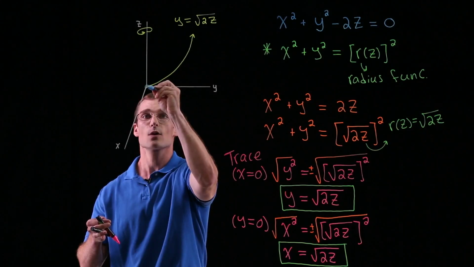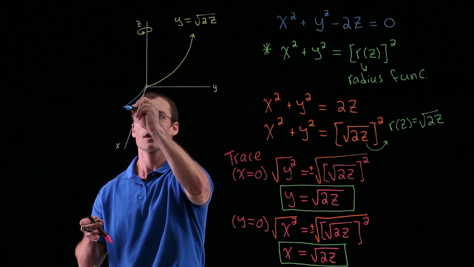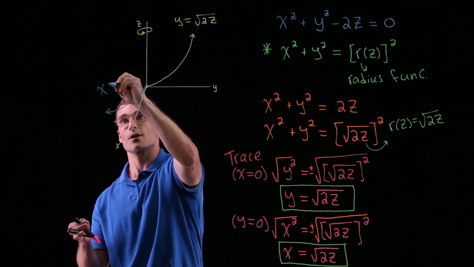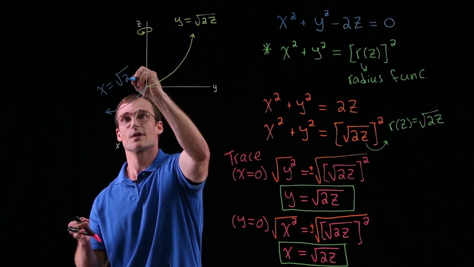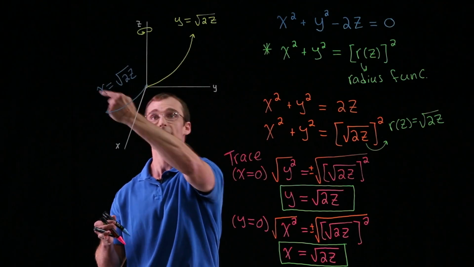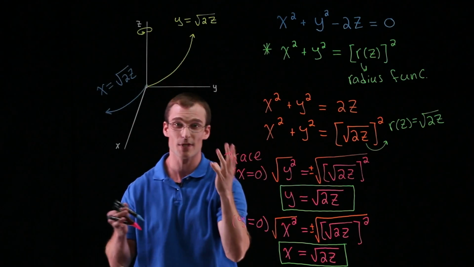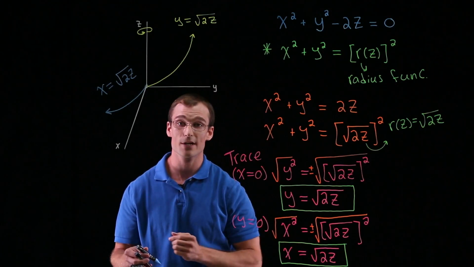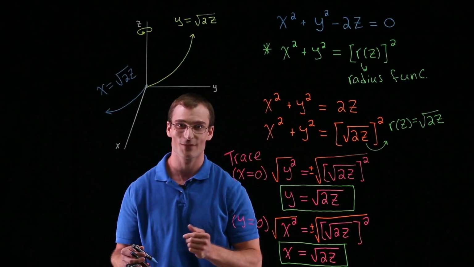Starting at the origin, coming out here in our xz plane, this will be our curve x equals the square root of 2z. If we rotated this around the z-axis, we should get that same three-dimensional cone or bowl shape. So there we have it, our generating curves for our surface of revolution. Thank you very much.